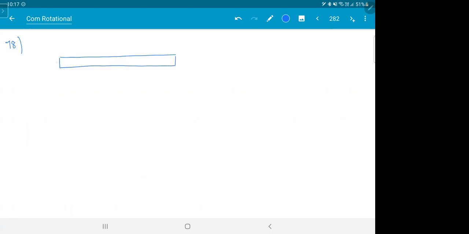We have a rod which is hinged here. Mass M, length L, released from rest. So the rod will become like this, vertical, if you leave it, so it will swing.